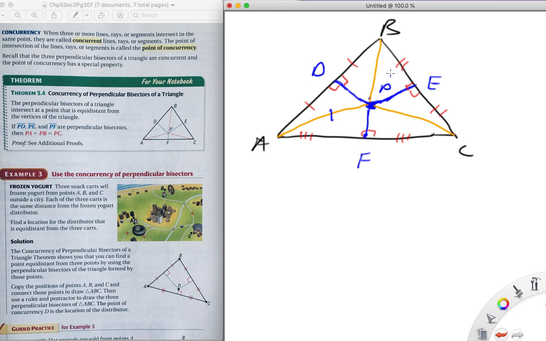So this one, this one, and this one are all the same. And I put them in blue to differentiate. These would be congruent to each other.